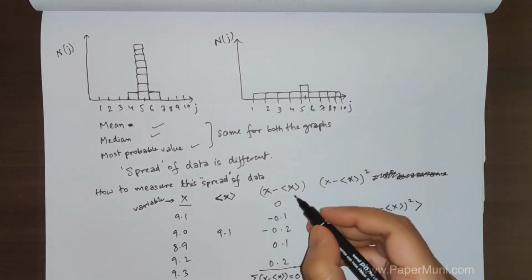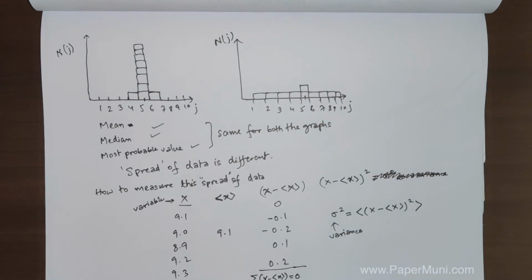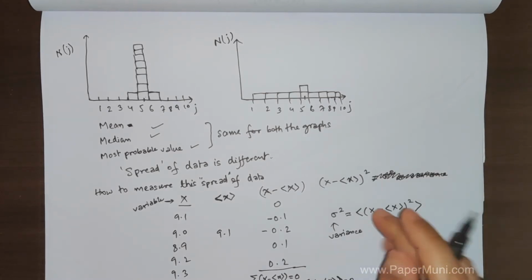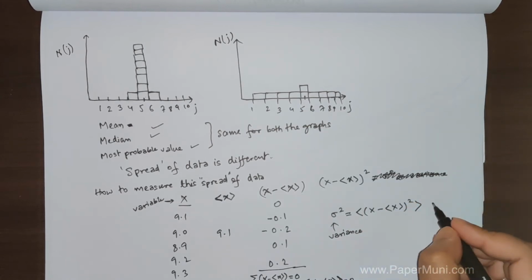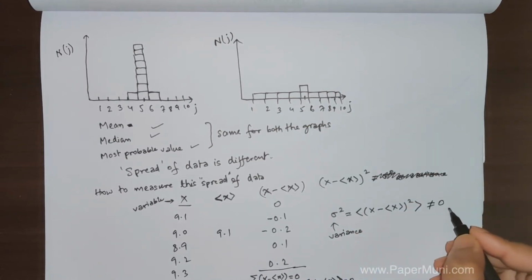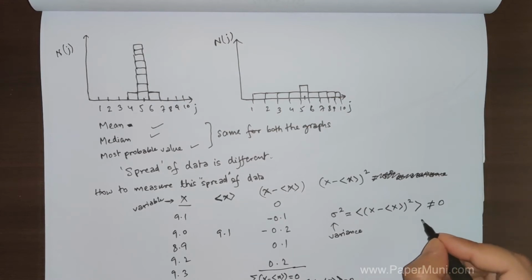As in this earlier case, if we take the mean of this value, we would have gotten 0. But here it won't be 0, because this quantity is a positive number, and if we take the mean, it is not equal to 0.